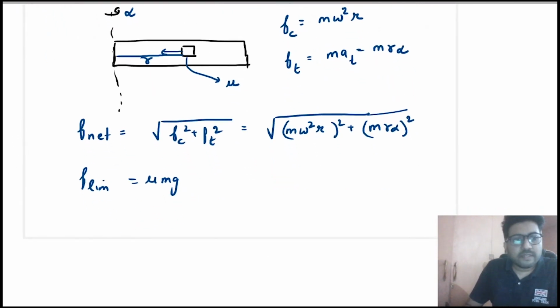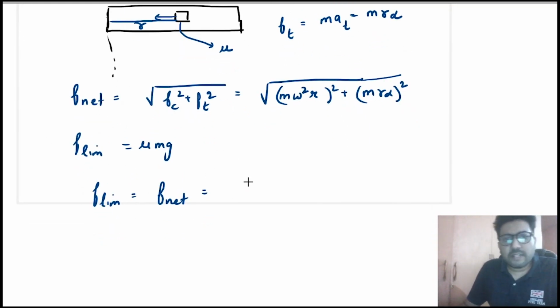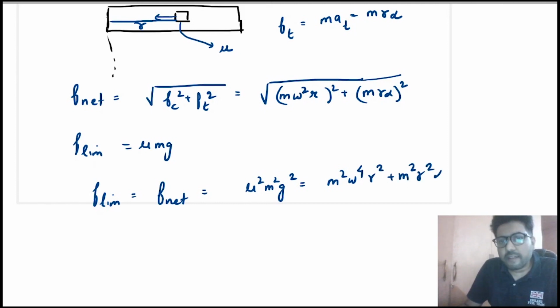So if you just want to stop slipping, you will make the limiting friction equal to the net friction required. So in that case you will get the maximum value of omega. So what you will say, from this you will get mu square m square g square is equal to m square omega power 4 r square plus m square r square alpha square.